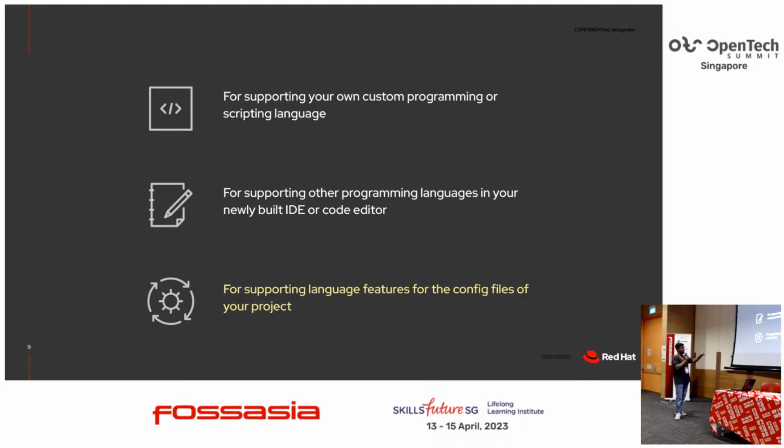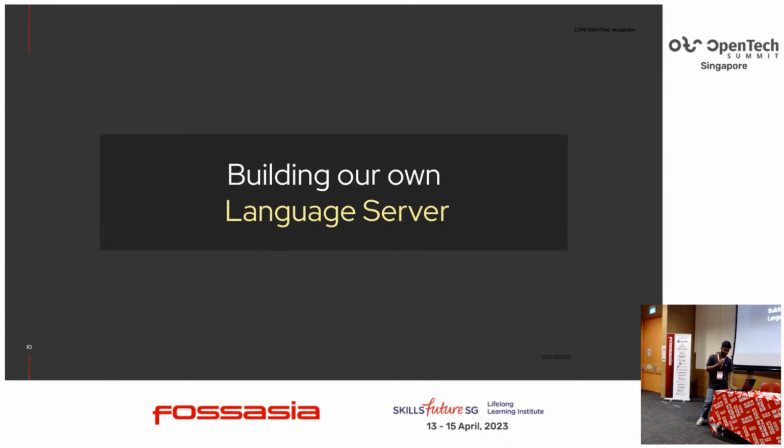You can write language features particularly for that config file so that the user can easily adapt to the configuration settings and work accordingly. For this part, I'll be demoing this with the Ansible config files.